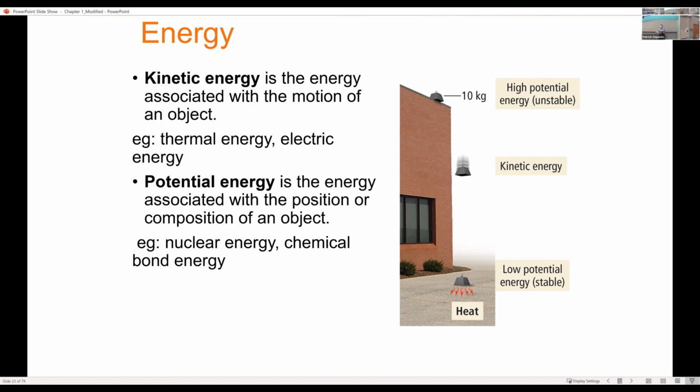The equation for that is mgh, so it depends on the height from the ground. That potential energy can be stored in the object and in the height of the object. Potential energy can also be stored in food, in the bonds of the food. When your body breaks down those bonds, energy is released, ATP is created, and it's used for your metabolic processes.